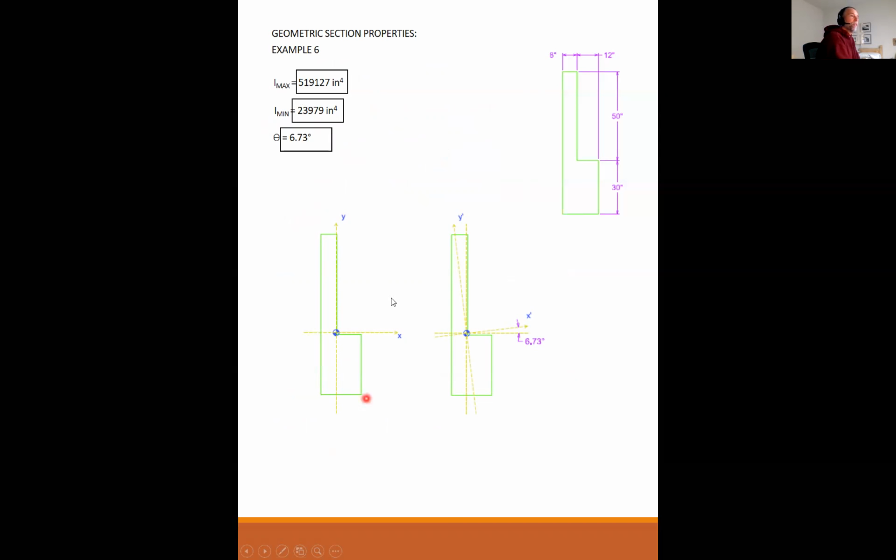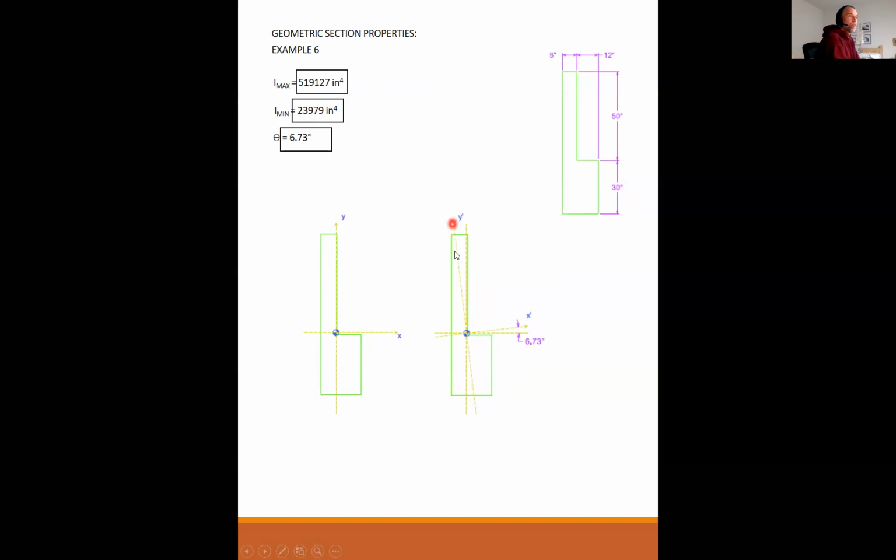And so here's the section we started with, the coordinate axes, X and Y. Here is drawn to scale the actual principal axes. This is what's known as the principal axes, and they're rotated by 6.73 degrees. So about this X prime axis is the maximum moment of inertia you can attain with this section.